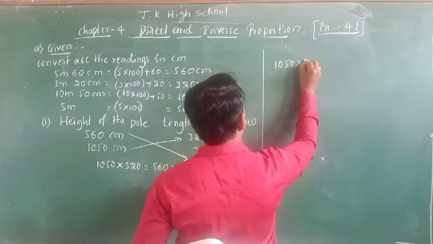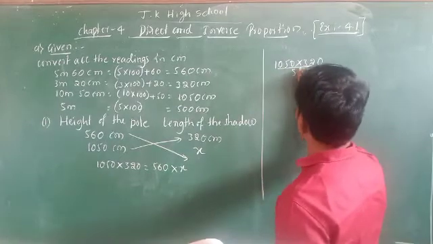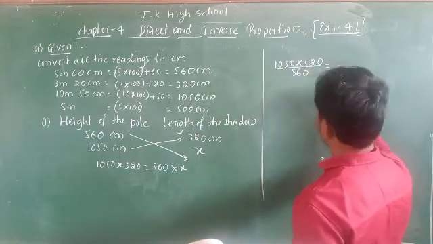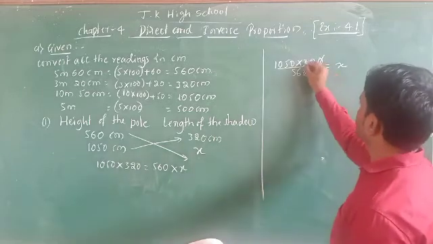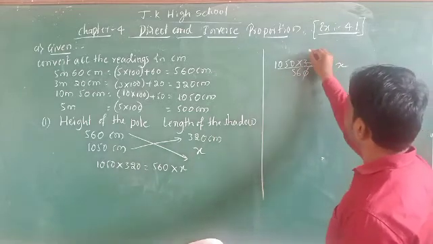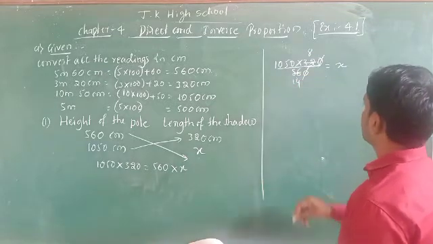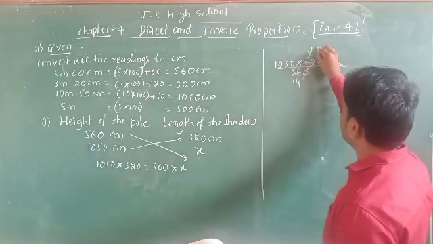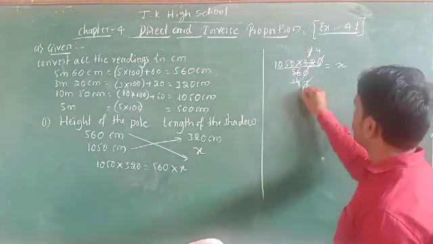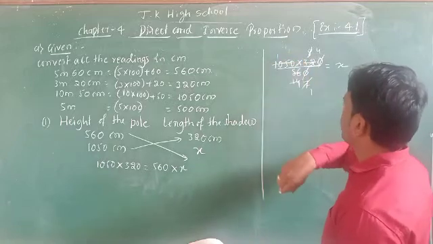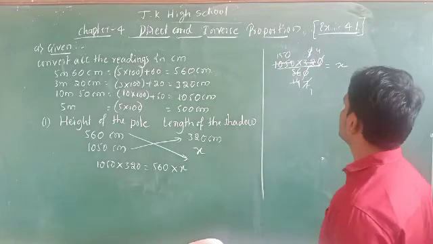Next step I'll write here. 1050 into 320 divided by 560 is equal to x. 0 and 0 will cancel. 4 8s are 32, 4 1s are 4, 4 4s are 16. 2 4s are 8, 2 7s are 14, 7 1s are 7, remaining 3, 7 5s are 35, remaining is 0.